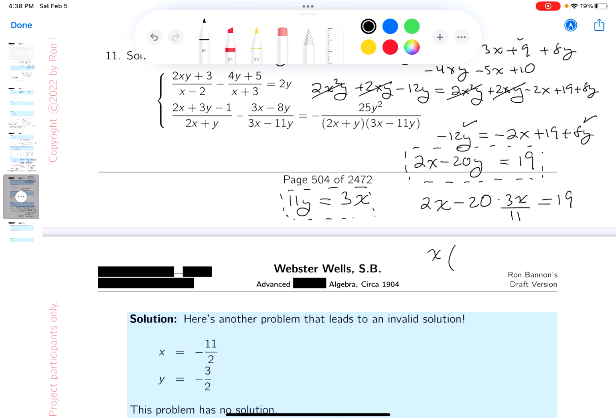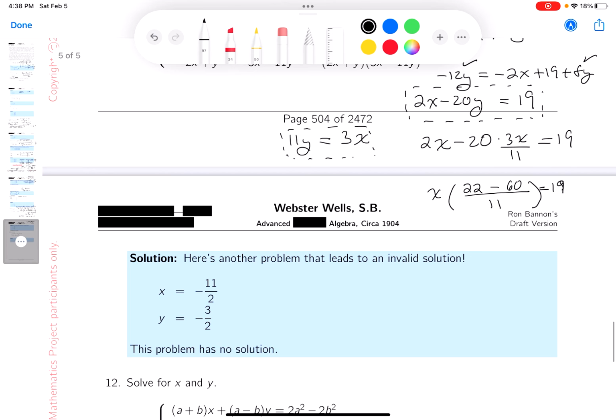And you're going to get, well, I got to get a common denominator of 11, right? And this is 19, equals 19. Whoops. And let's write this down. 22 minus 60. Let's keep going. And what do you get there?